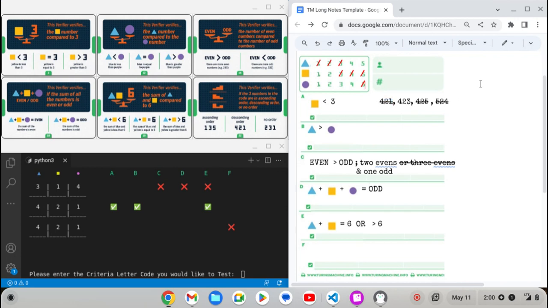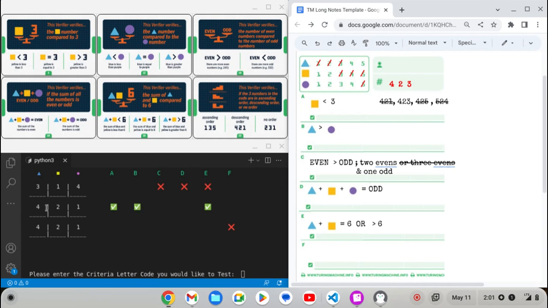So let's actually type in what we believe to be the answer. And let's go back and confirm that everything is true. So for criteria A, the Turing machine told us that yes, it has to be less, the middle digit is less than 3. It is, it's 2.